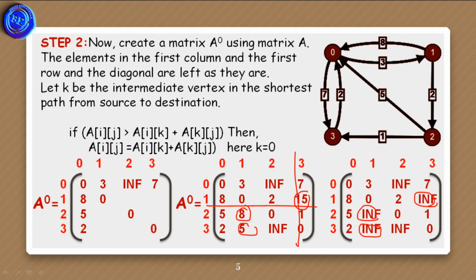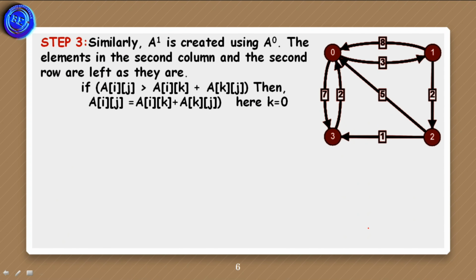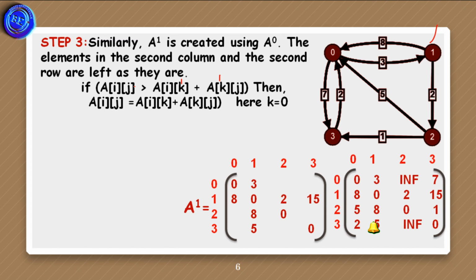And coming to the next step, here we are going to take the first vertex. That means this vertex is considered as an intermediate. So the k value is equal to 1, and i and j values represent the rows and the columns. So here we have the matrix. This is our previous matrix that was done in step 2.